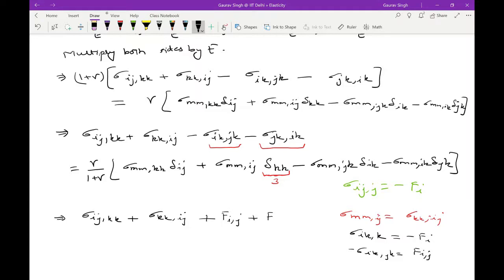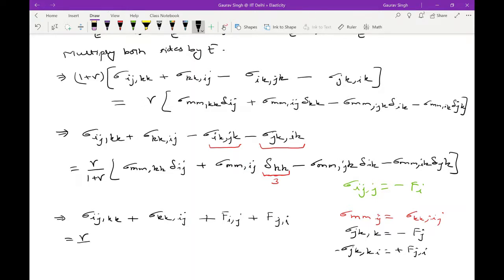Similarly, sigma jk comma k is equal to minus fj. Now sigma jk comma ki is equal to minus of fj comma i, and minus of this would mean plus, so this would be plus fj comma i.